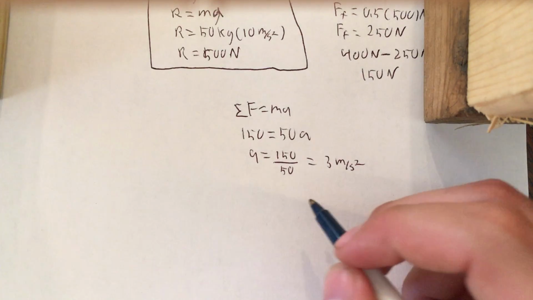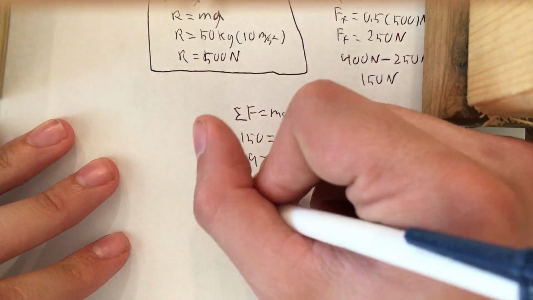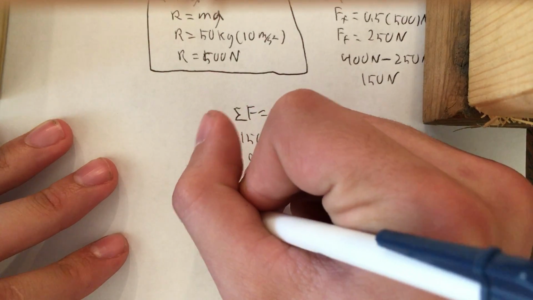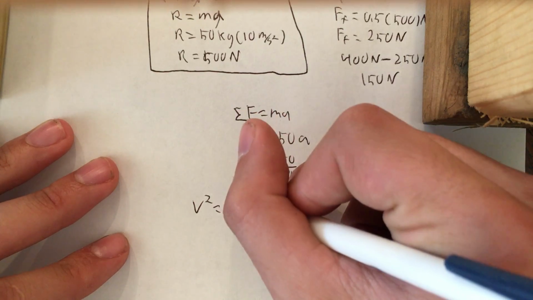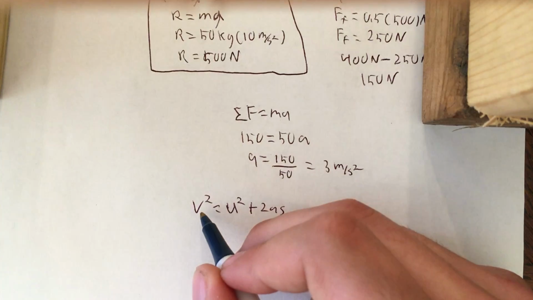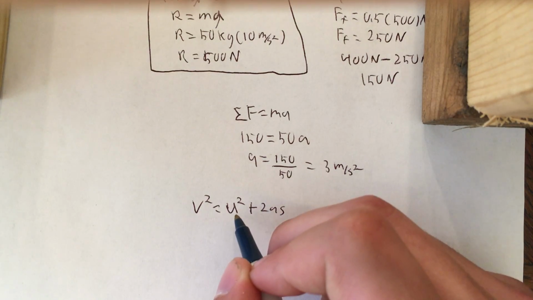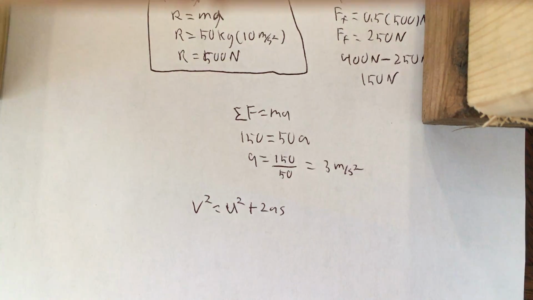Using that acceleration, we can determine the final velocity using v squared equals u squared plus 2as, which is final velocity squared equals initial velocity squared plus 2 times acceleration times displacement.